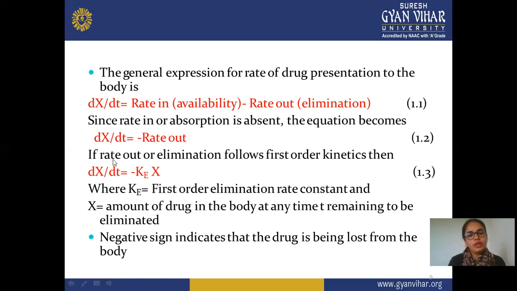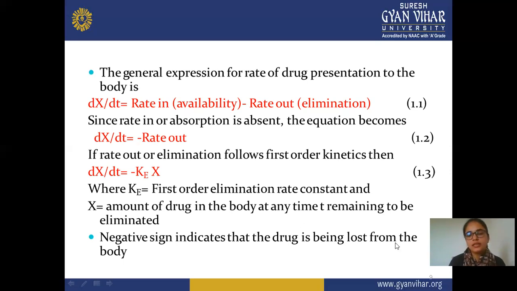Next, the rate out, the elimination, follows first order kinetics. Then this modified equation is like this: dX/dt is equal to minus KeX, where Ke is the first order elimination rate constant and X is the amount of drug in the body remaining to be eliminated.